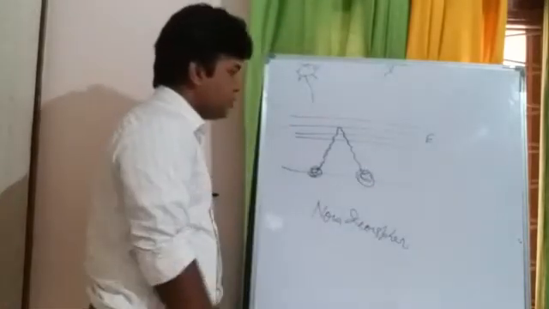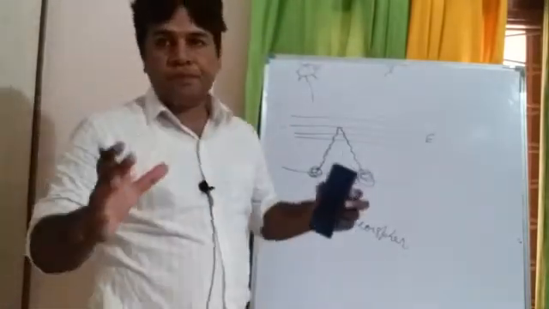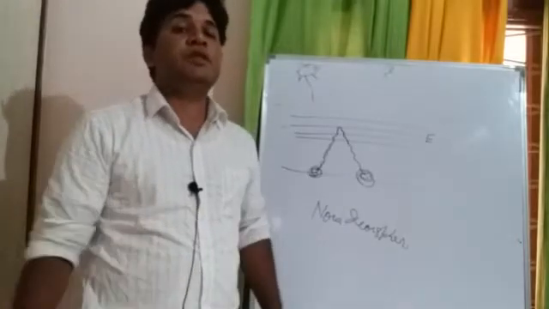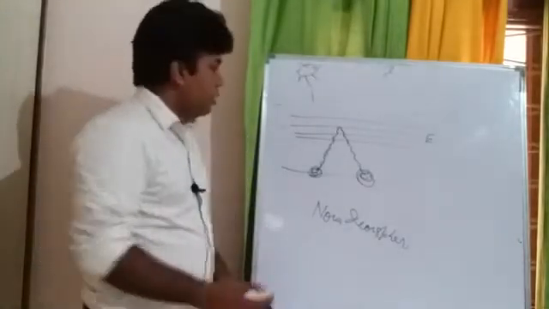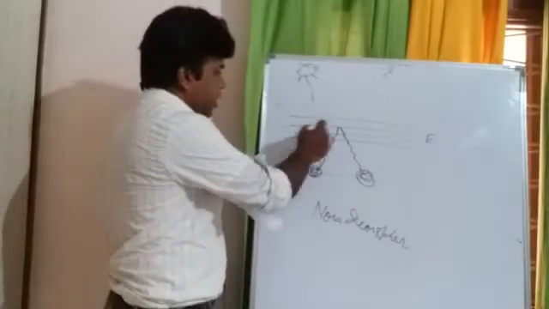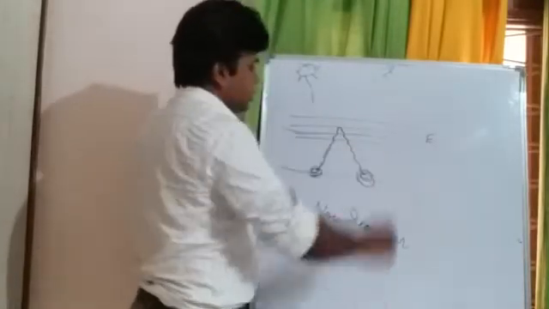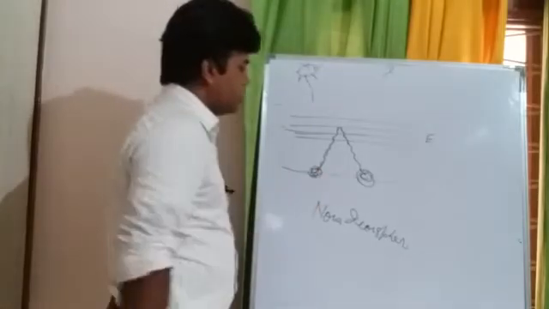That's how we receive these radio waves in our transistor. So this layer of ions is responsible for this transmission on the earth's surface.